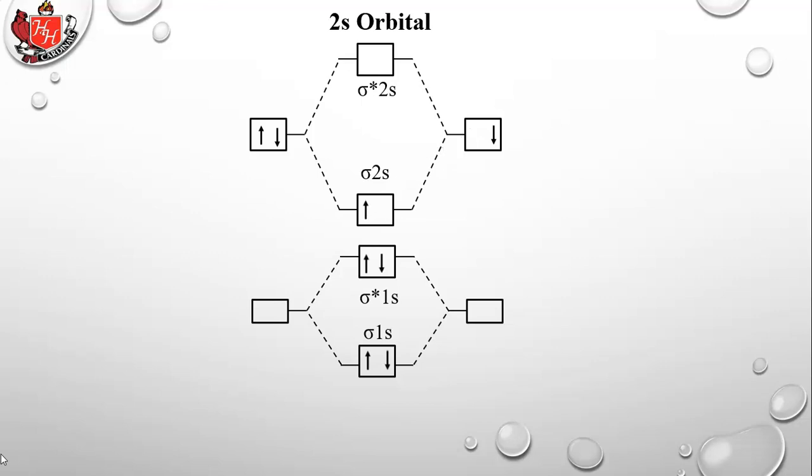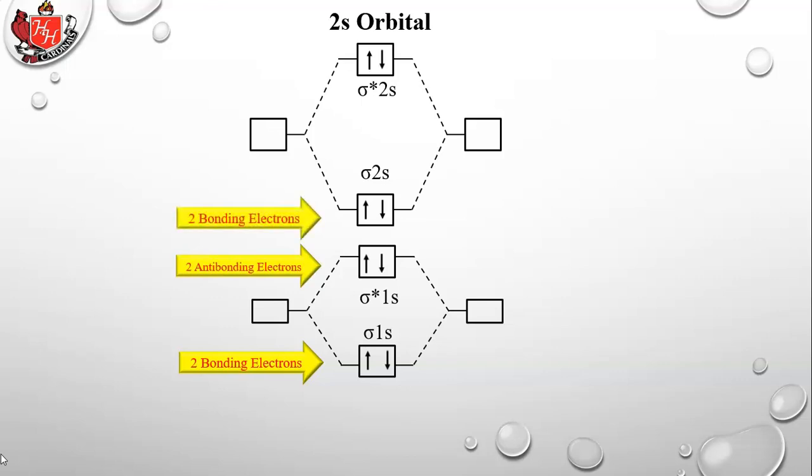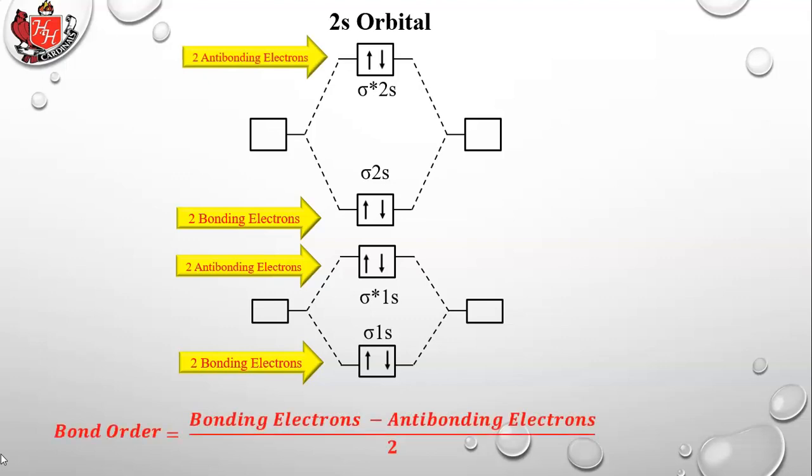Now we're going to go ahead and fill up the 2s, and again you build from the bottom up, and there we go. So those are 2 bonding electrons, 2 anti-bonding electrons, 2 bonding electrons, 2 anti-bonding electrons. So there's the formula. You have 4 bonding minus 4 anti-bonding divided by 2.